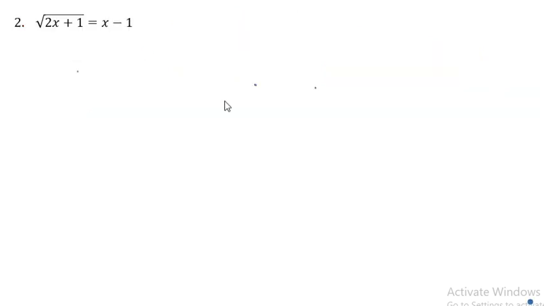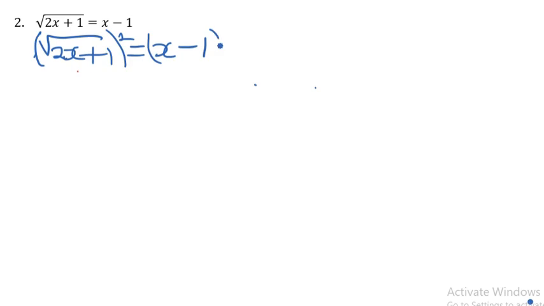The next problem is problem number 2. We have the square root of 2x plus 1 is equal to x minus 1. In this problem, what we need to do is to square both sides.